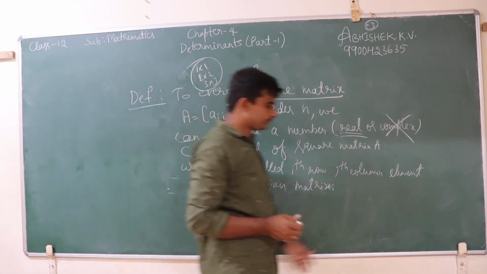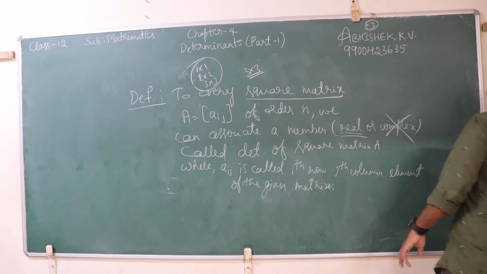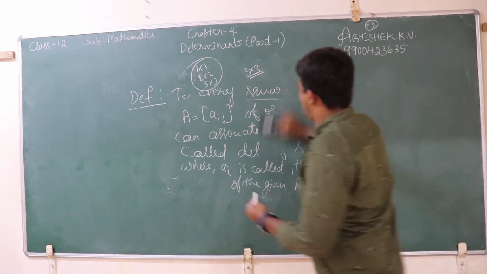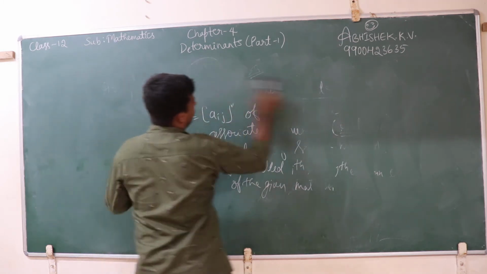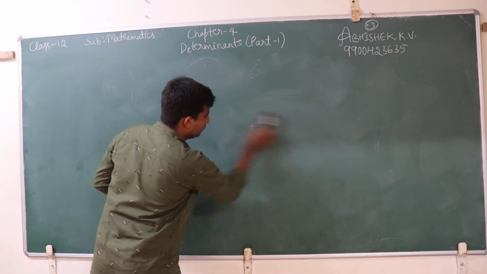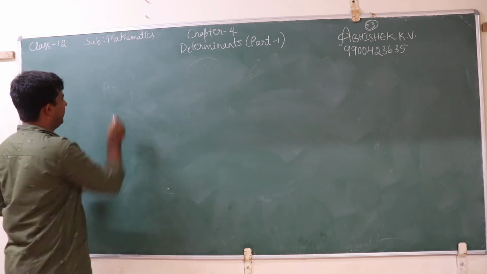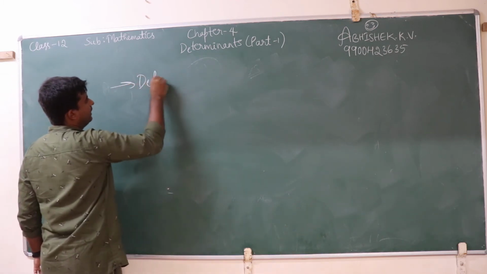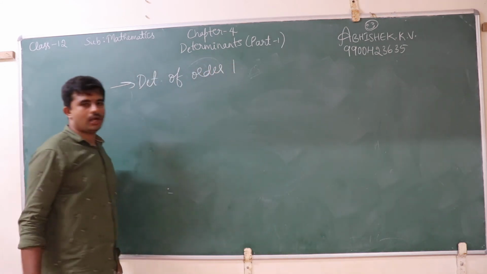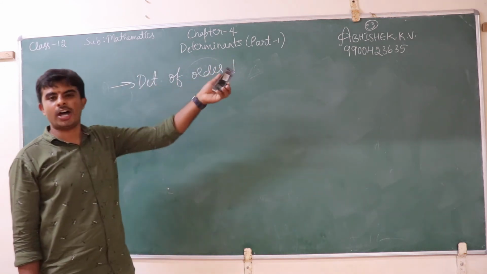Then I move on to determinant of order 1. How can we define determinant of order 1?